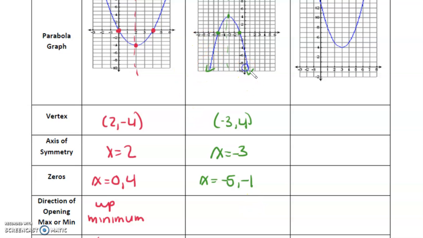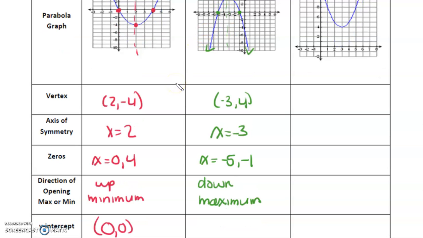This one opens down because it looks like a sad face, which tells us that it has a maximum. And the y-intercept, we have to just locate it. It looks like -4 there, so (0, -4).